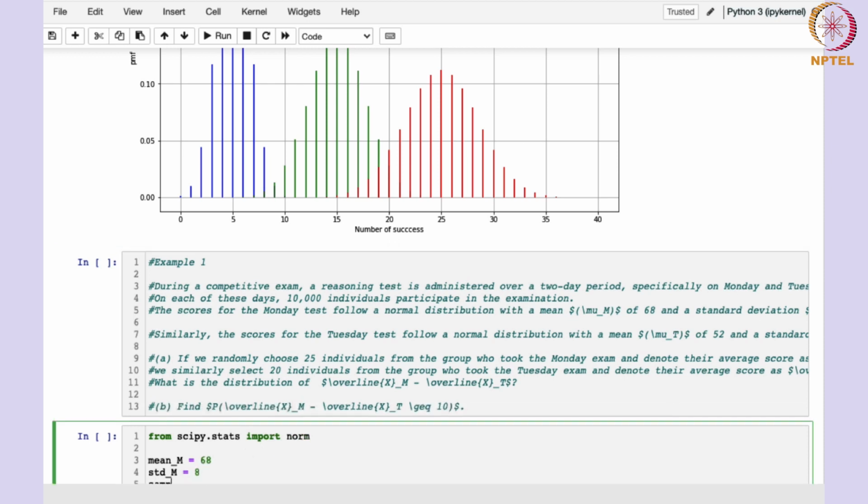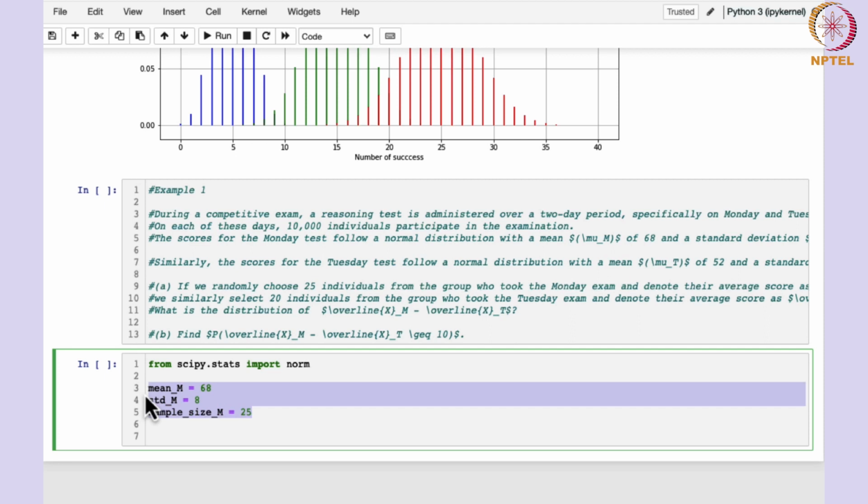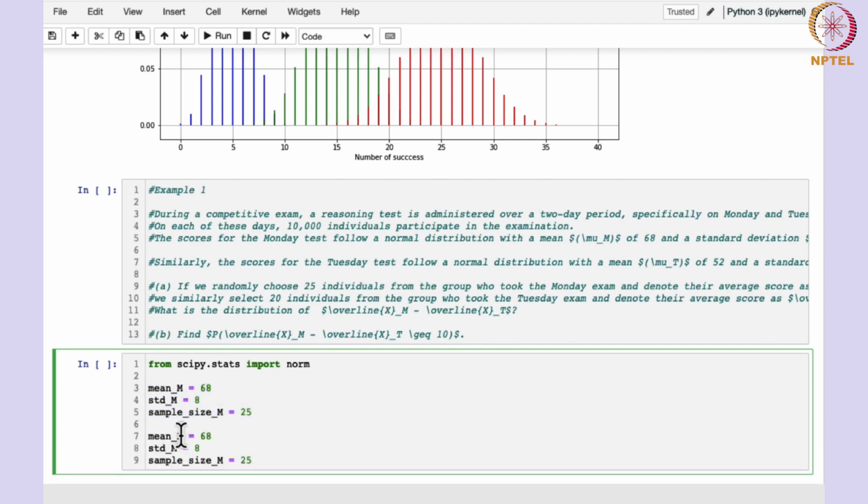Let me write sample underscore size underscore m. This is given to us as 25. Likewise, we can define these for the second day, Tuesday. For Tuesday, the mean is 52, the standard deviation is 9, and finally, the sample size is 20.